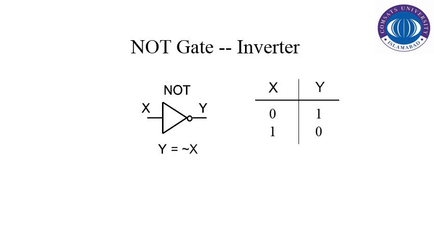To start our discussion with the NOT operation or the inversion operation, the NOT gate is a component that inverts the Boolean variable or literal and produces its inverse result. For example, any Boolean variable or literal can have possibly two values.